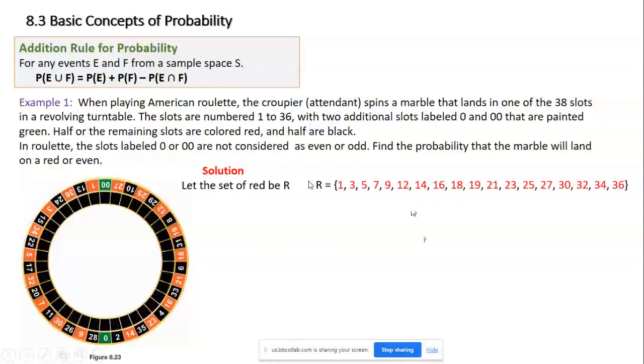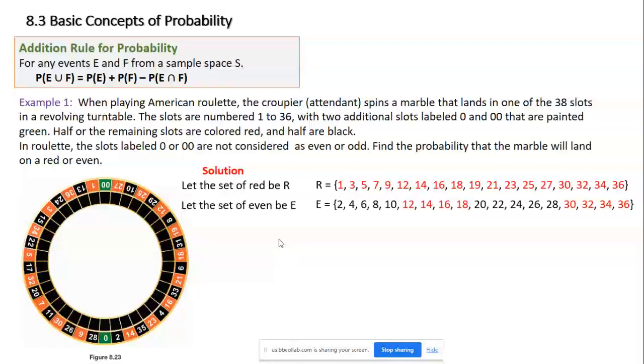The event says find the probability that the marble will land on a red or even. Let's look first at the red. The reds are all these: 1, 3, 5, 7, 9, 12, and so on and so forth. Let's look now at the event of them being even. The event of being even are these numbers.